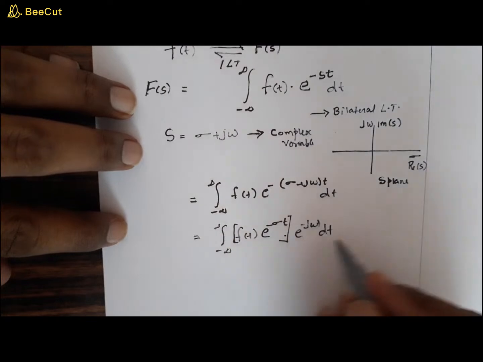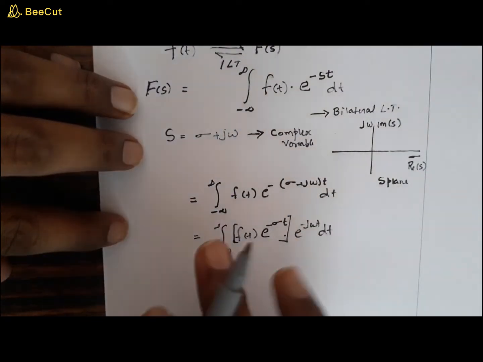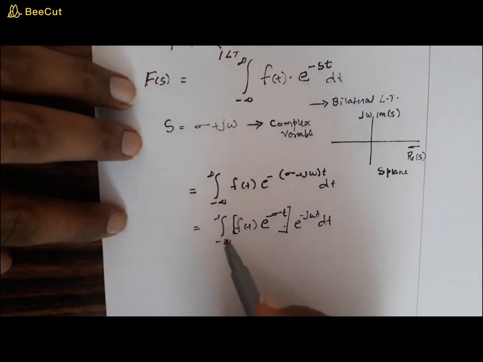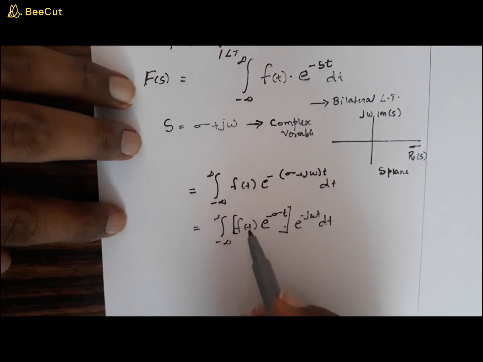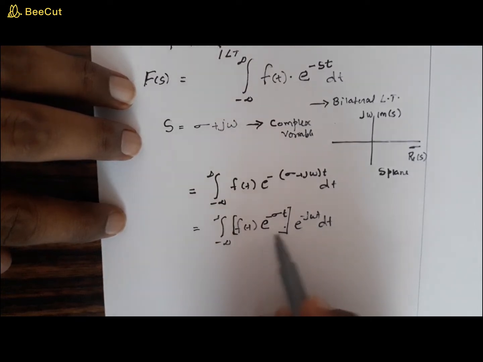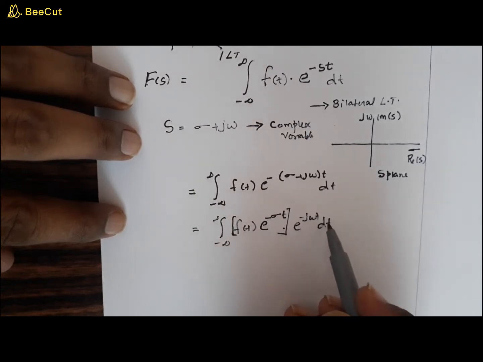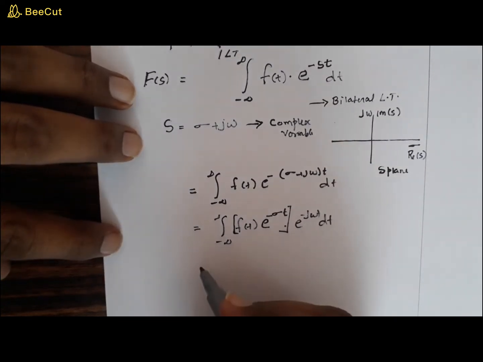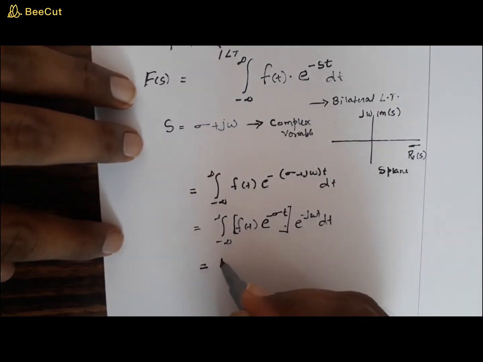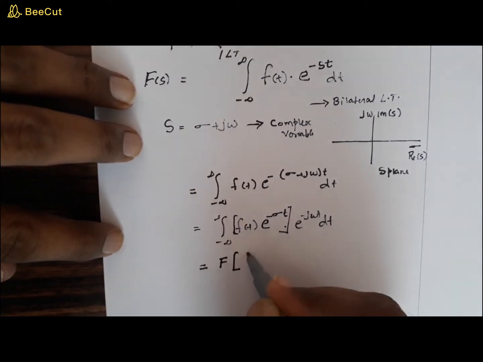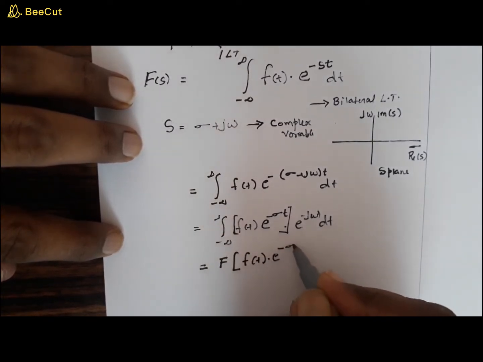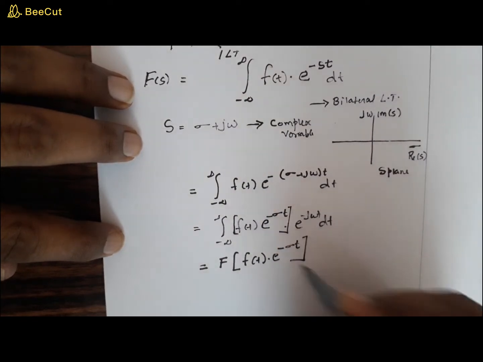Have you ever seen this expression? What is this? This is nothing but equivalent to writing integral minus infinity to plus infinity x of t, where x of t is f of t into e raised to minus sigma t, into e raised to minus j omega t. That means this is actually the Fourier transform of a given signal multiplied by e raised to minus sigma t, right?